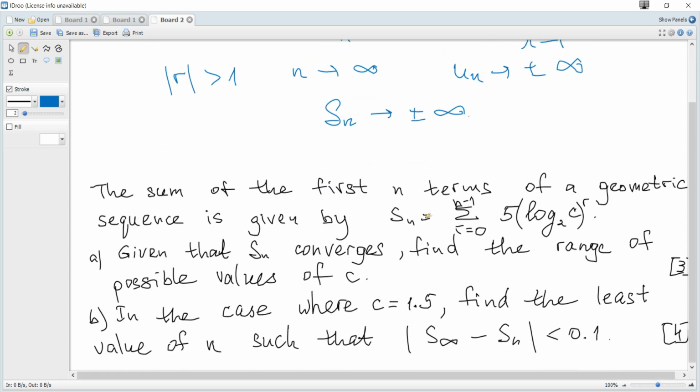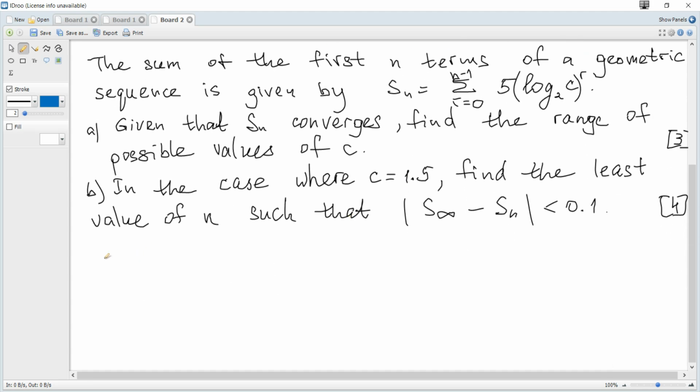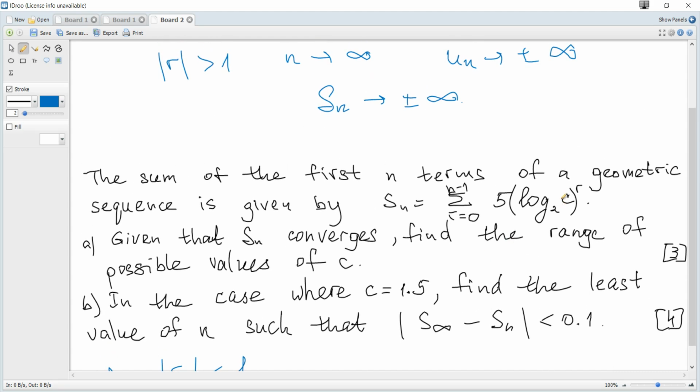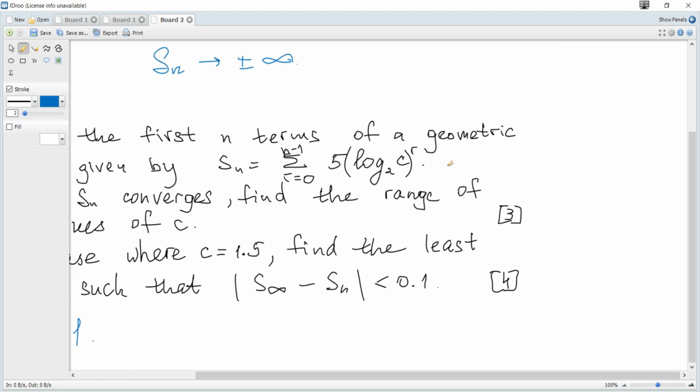So to be convergent, the absolute value of the common ratio should be less than 1. The common ratio is this value, which is to the power of i, log to the base 2 of C. If it's difficult, you may write a few terms to make it clearer.